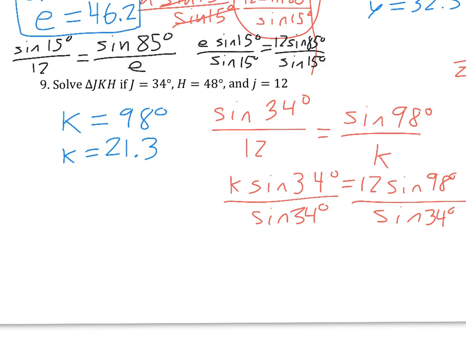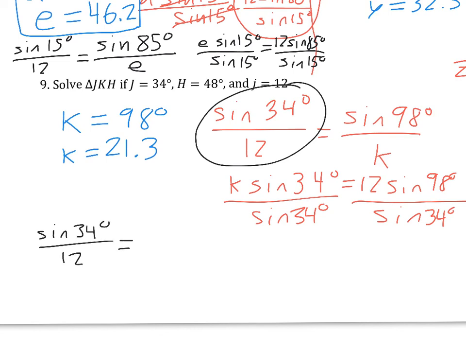And now let's find side h. So use this fraction again. But now use h for the other side. So sine angle h is 48. Side h, that's what we're solving for.